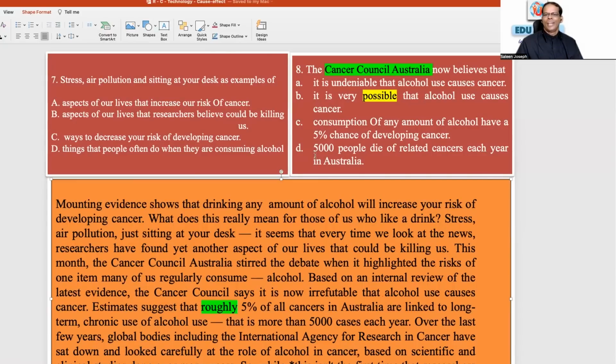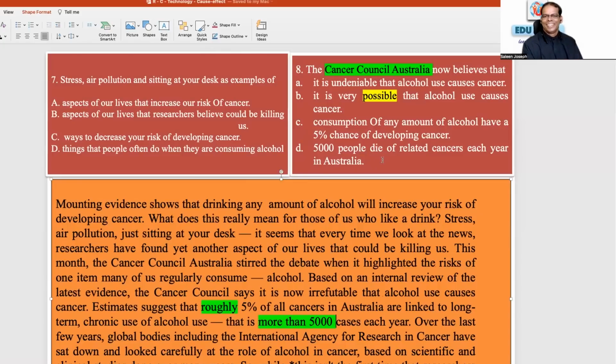Now next one, D. They say more than 5,000 people, so that we can eliminate the D answer. 5,000 people die of related cancer; here it is more than 5,000. See how beautifully you can use the strategies and eliminate. 5,000 people is not more than 5,000.